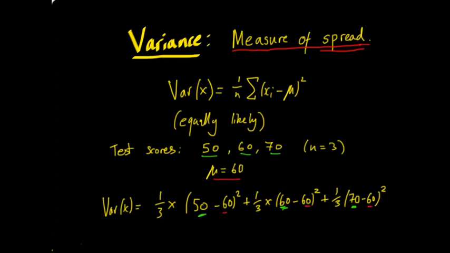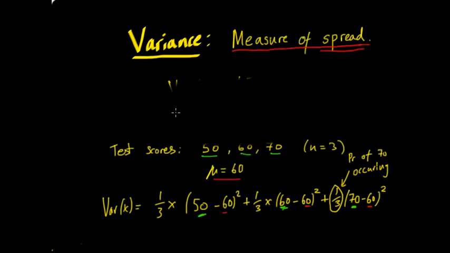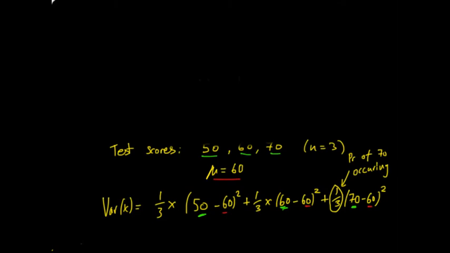And then the 1 over 3, you can think of it as representing the probability of 70 occurring. So just have a look at this and try and understand how you have this formula, 1 over n in each of these, then the values, the test scores, then the variances. Once we do some calculations, you'll see how this formula works.